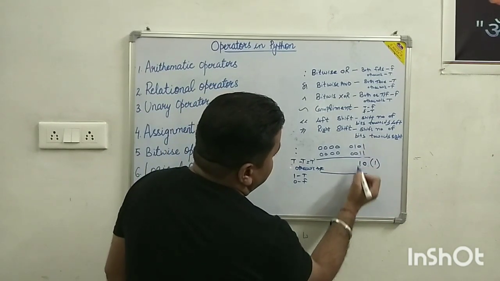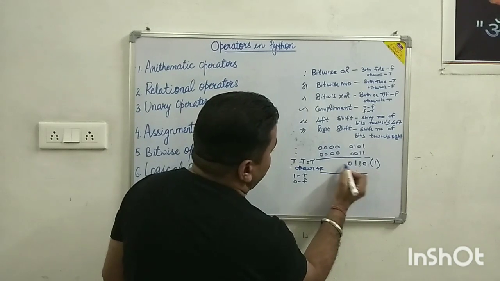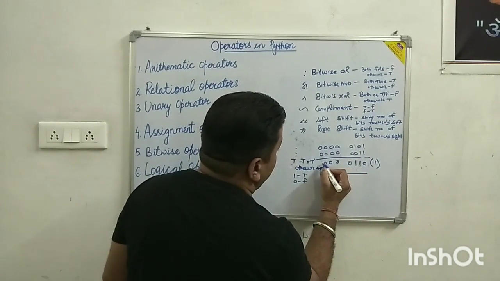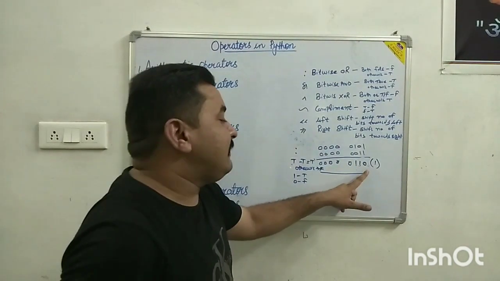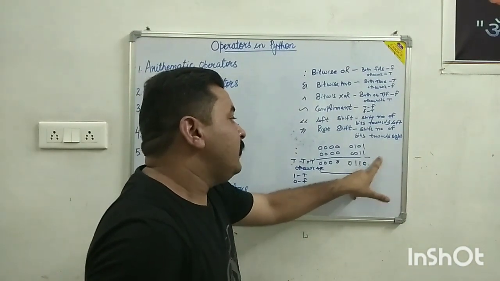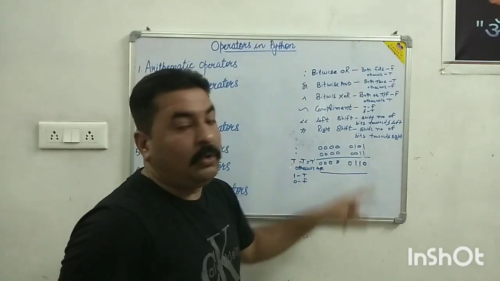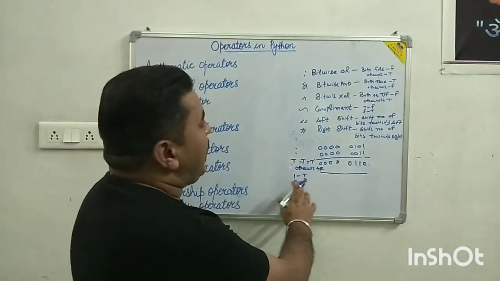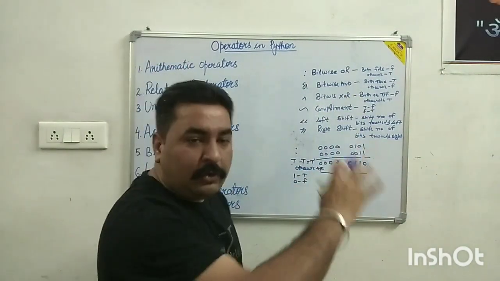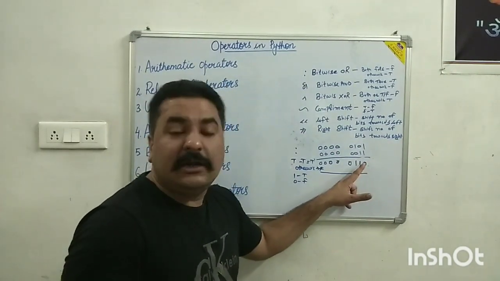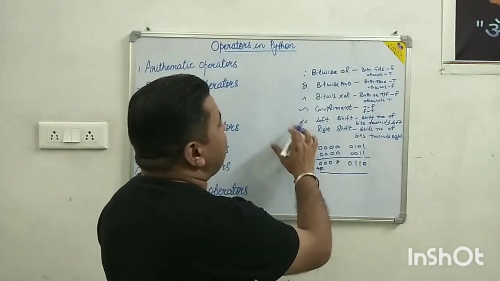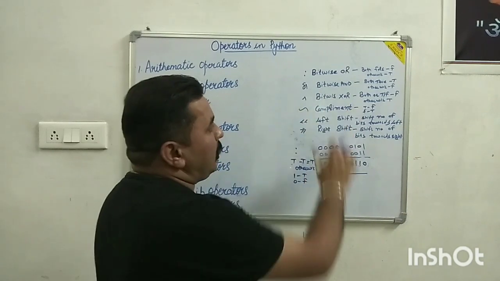Both values 0 and 1, it is true. 0 0 is 0. That means we are getting the value 0 0 0 0 0 1 1 0. So the result is true only when the two values differ. This indicates the bitwise XOR operator.